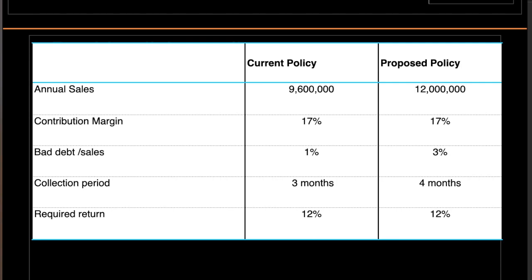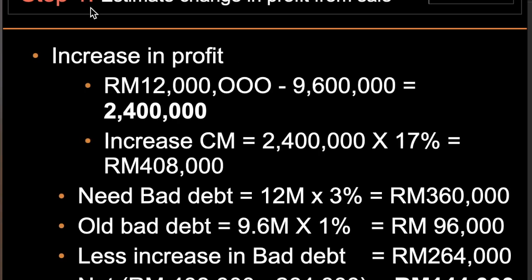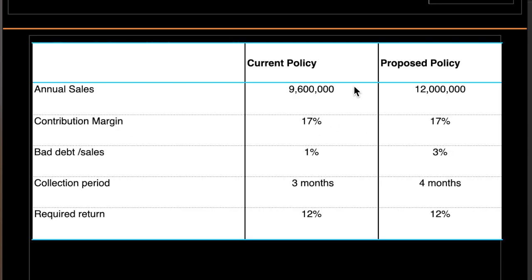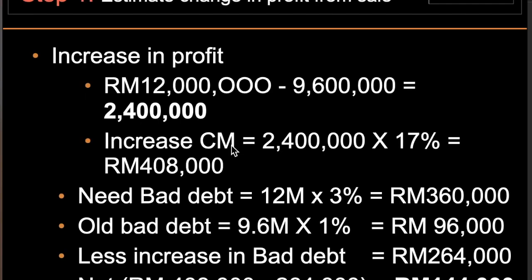Now let's go to our steps. Step 1, estimate change in profit from sales. What are the changes in profit from increase in sales? So the increase in sales, our first amount is 12 million minus 9.6 million, which will give us 2,400,000 ringgit.